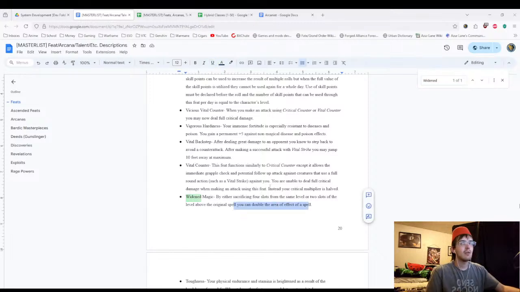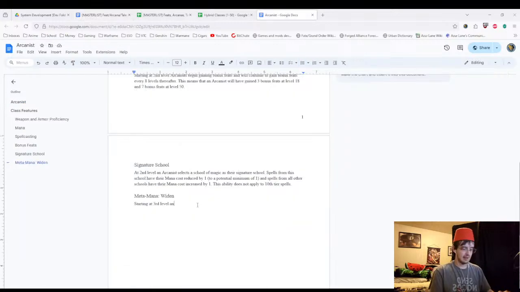We're not going to do that quite yet, or this is going to be different. So they basically just increase the area of effect for more mana cost.